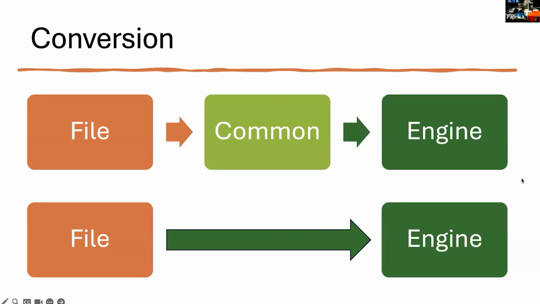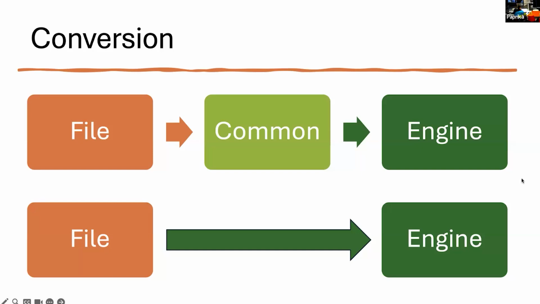Every file format has its own data format on disk, and you need a conversion between the two. You read the data from the file and convert it somehow to the engine format. You can do it in two ways. Either you can create a common format, read from the file, convert it to the common format, and from the common format convert it to the engine format.